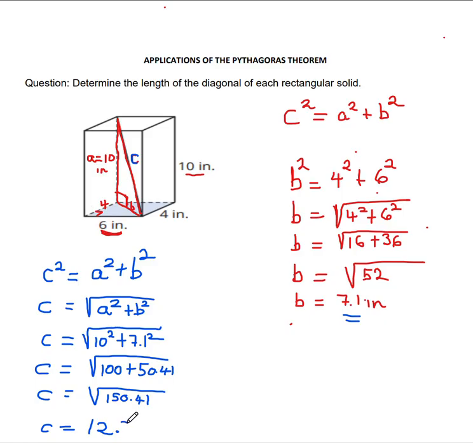So 12.26 rounded to the nearest tenth is going to be 12.3. So our answer is 12.3 inches. So the value of C here we've worked out to be 12.3 inches. 12.3 inches represents the length of the diagonal of the rectangular solid.